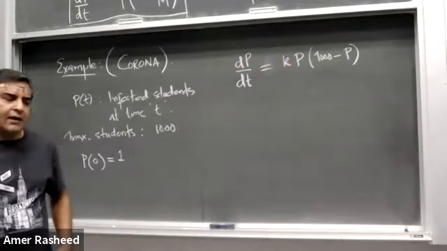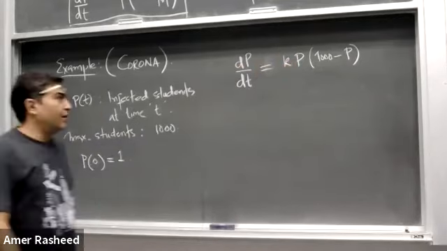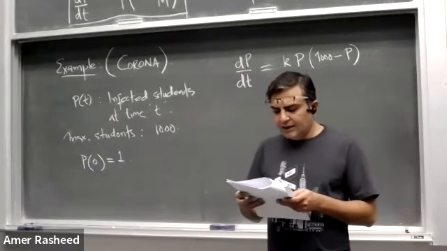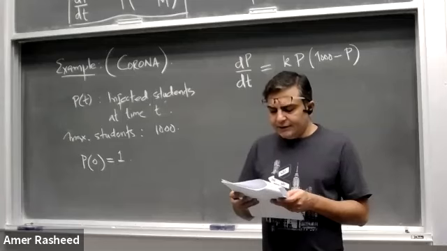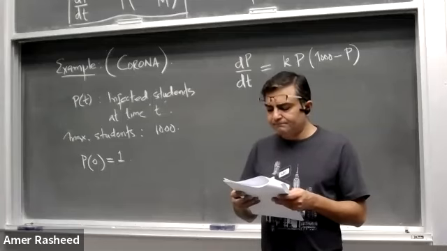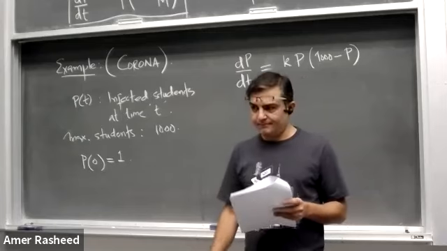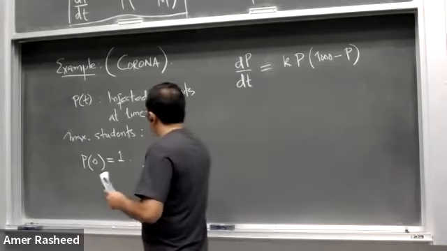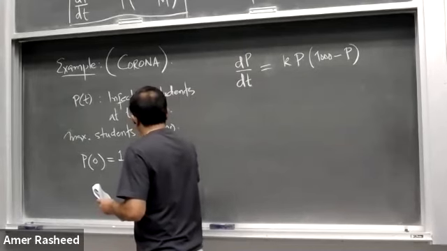Okay. Now, I haven't read it completely. Now let's read the further part of this question. Determine the number of infected students after 6 days. Okay, we have to determine P at 6.